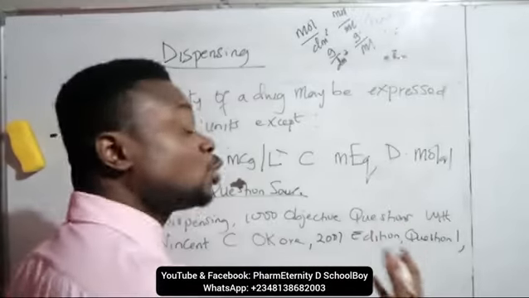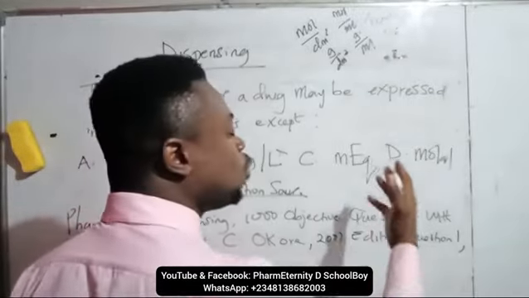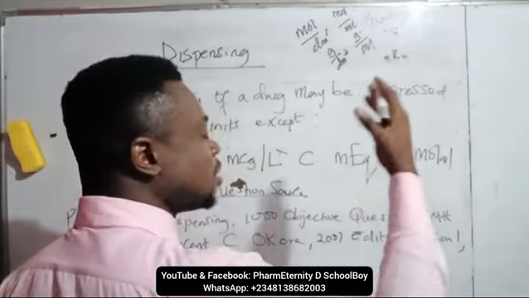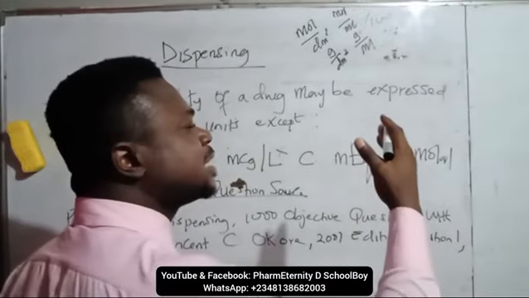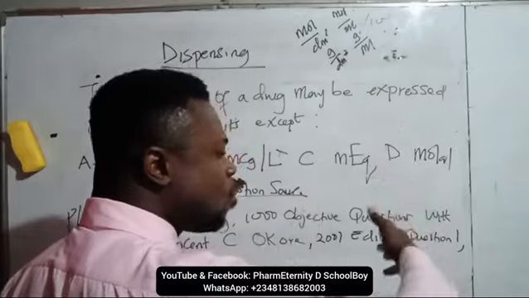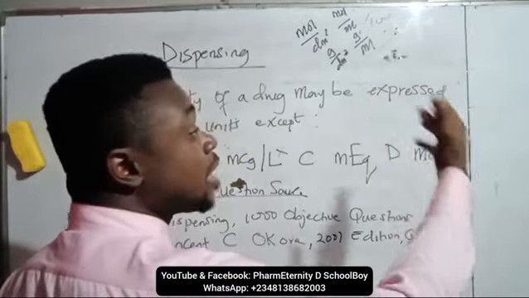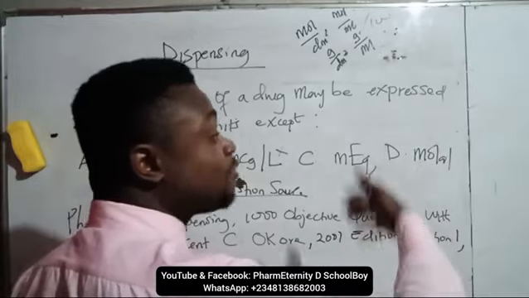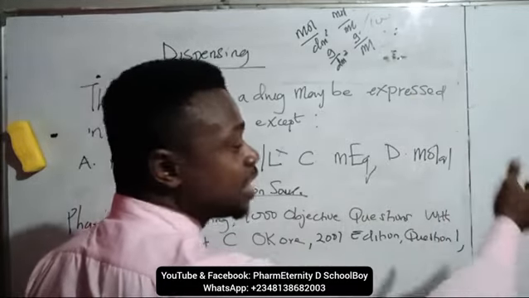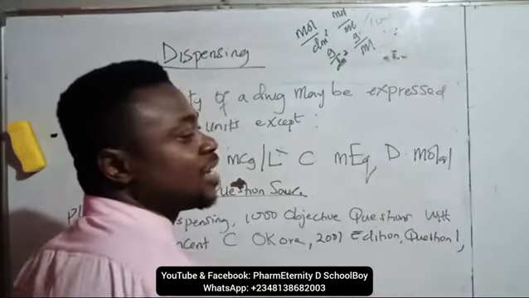The equivalent weight of an ion is the gram atomic weight, gram molecular weight, or gram formula weight, as the case may be, divided by the valency of the ion.